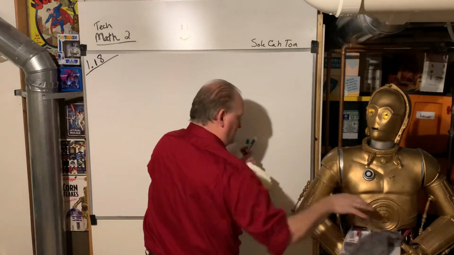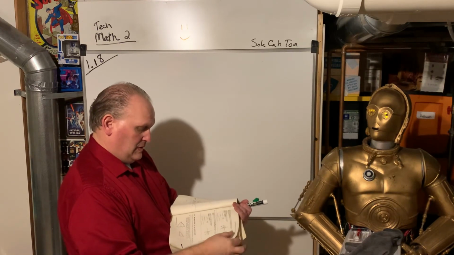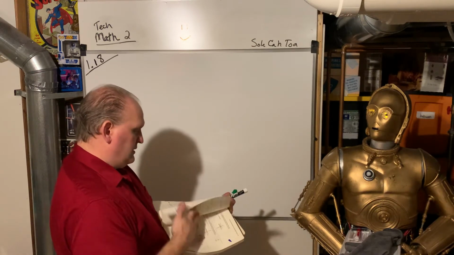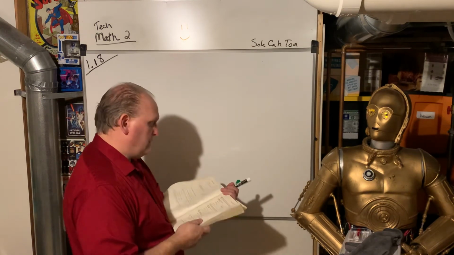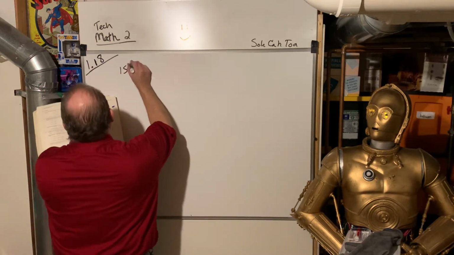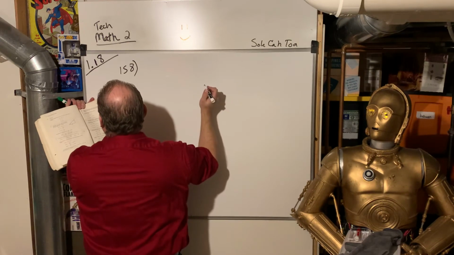So let's take a look at how they play along with this. They did a 30, 60, 90, 1, 2, and the square root. Okay, we did that already, so we don't have to do that one. Let's do 158. So 158, they want me to find the cosine of 150.